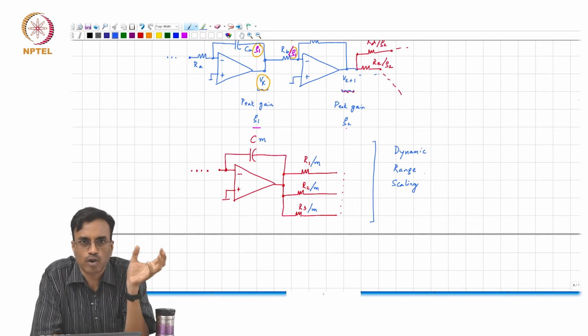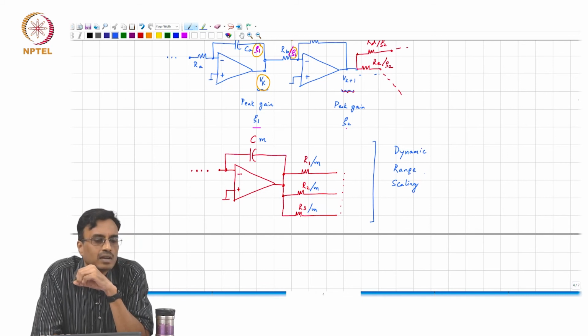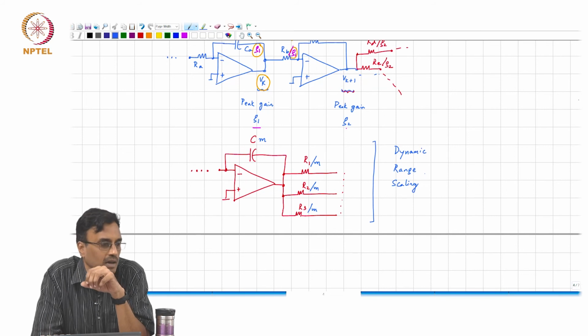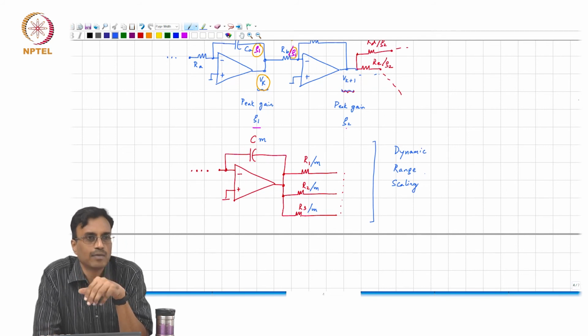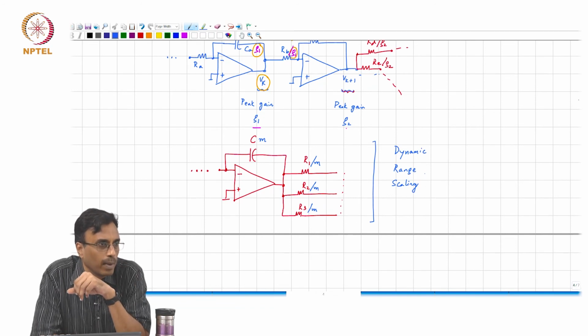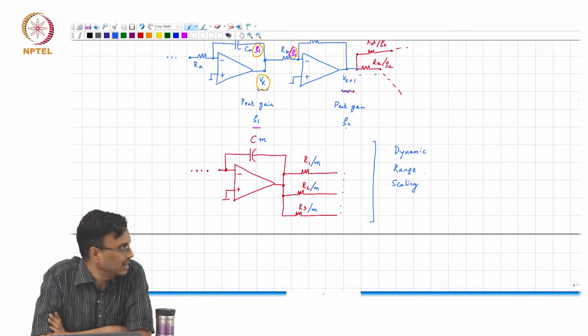A wrong choice of component values can cause premature saturation of one of the op amps that are internal to the filter, and therefore that will limit the maximum input swing that you can put into the filter. Does it make sense? All right, and this is called, as I said, dynamic range scaling, right.